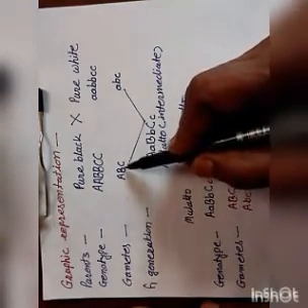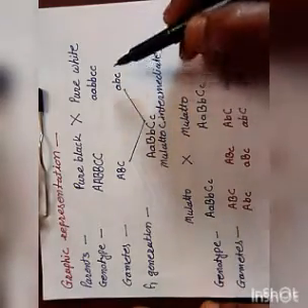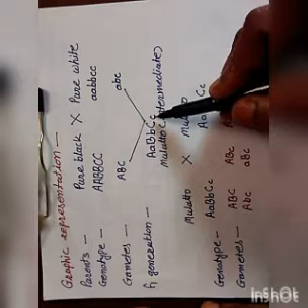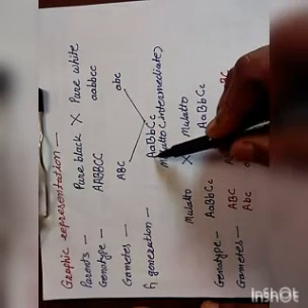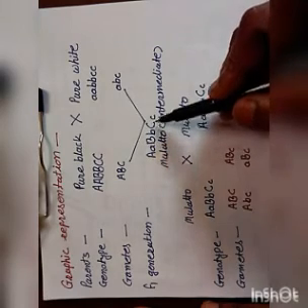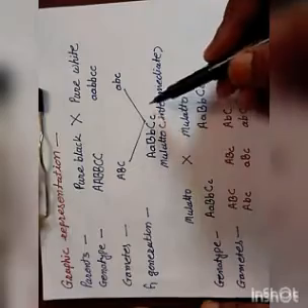When this gamete unites with this gamete, an F1 individual is obtained with capital A, small a, capital B, small b, capital C, small c genes.